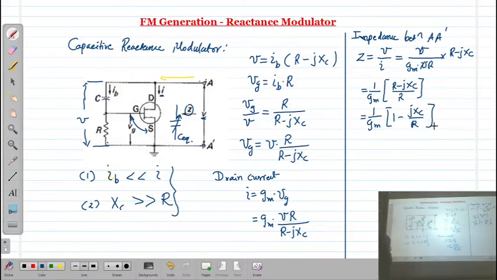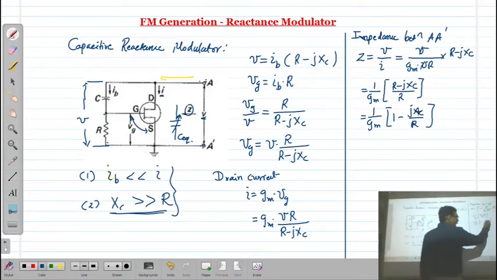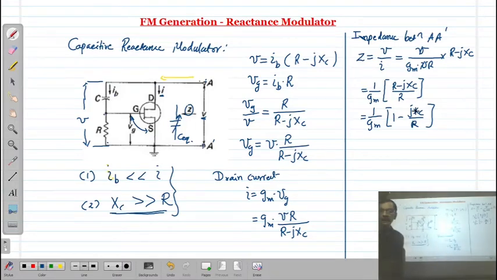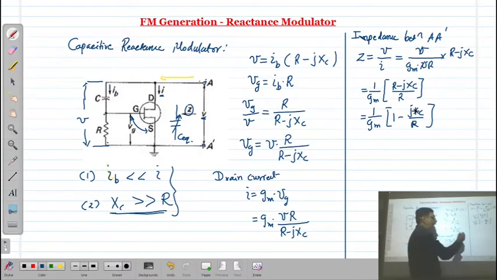Now here we apply the condition that XC is much greater than R. If XC is much greater than R, then the ratio XC by R will be very large compared to 1, and therefore you can neglect this value of 1.